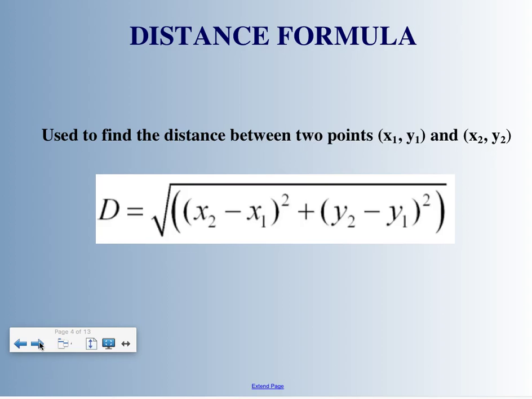We use this to find the distance between 2 points on a coordinate plane. Just make sure you copy that this is a minus inside the parentheses and then a plus between the two of them.